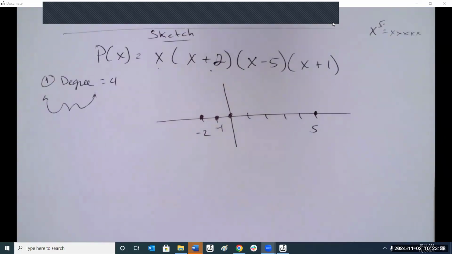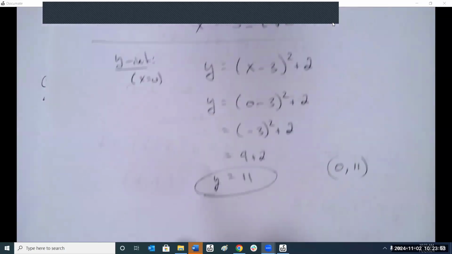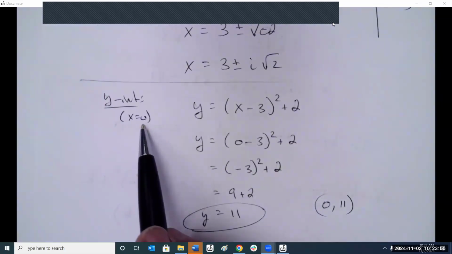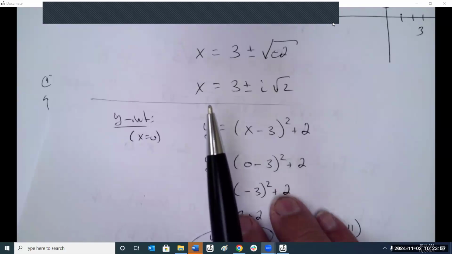So we know the x-intercepts. Do we know the y-intercept? Can we find the y-intercept? We can always find the y-intercept. What's the procedure to find the y-intercept? Set x equal to 0.